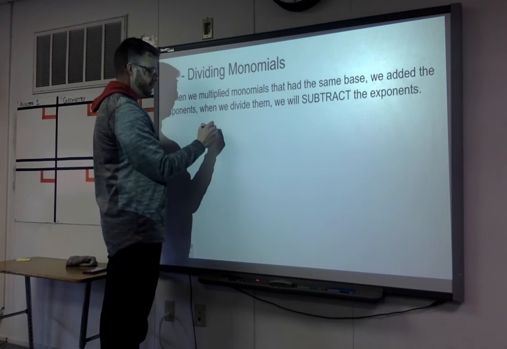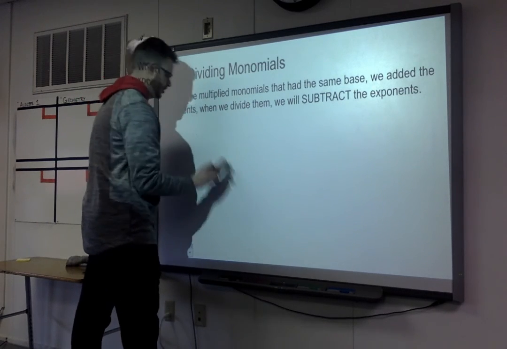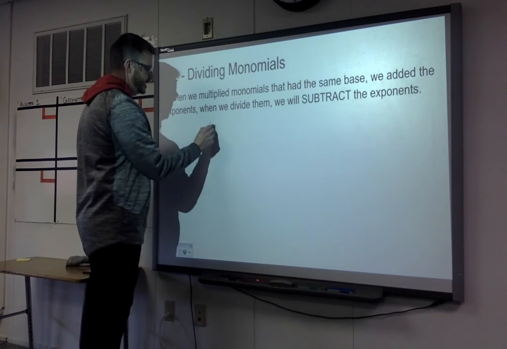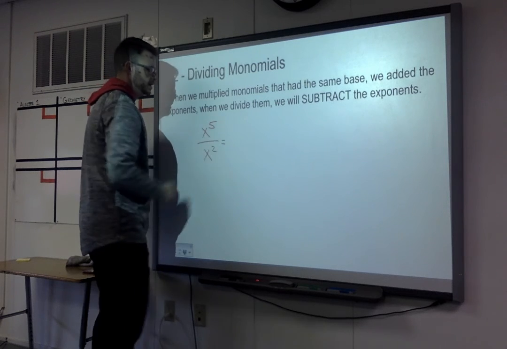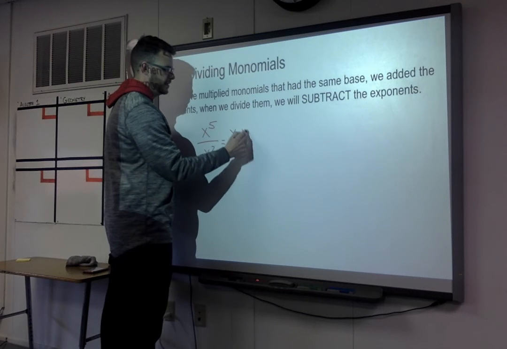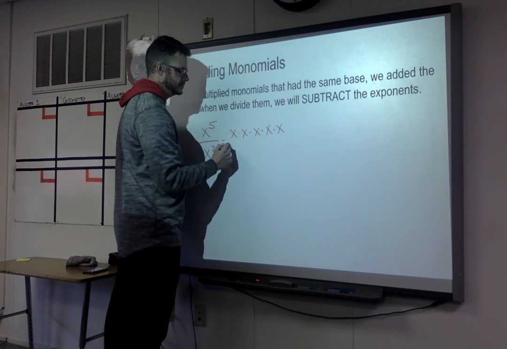Actually, I'll go with the same one that's on your notes online, so if you're following along with that. If we have x to the fifth divided by x squared, if we were to write that out and go the long way with this, x to the fifth, we're multiplying x by itself 5 times.